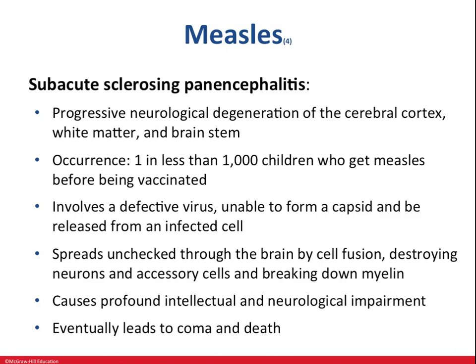About 1 in 11 children can get this problem. The mechanism of this disease is that the defective virus is unable to form a capsid and be released from the brain cells. That means this virus still stays in the cells, so it causes the cells to lose cellular functions.